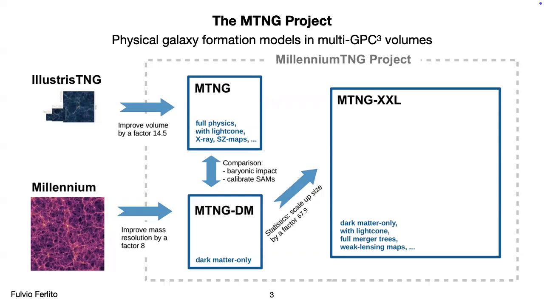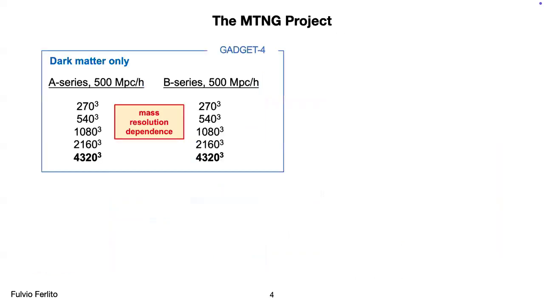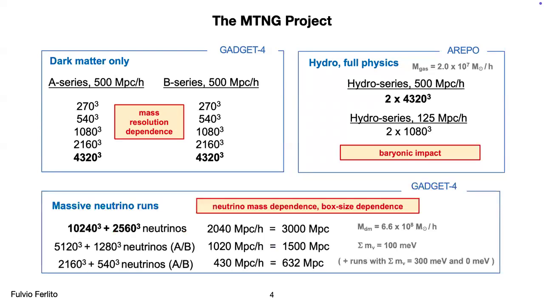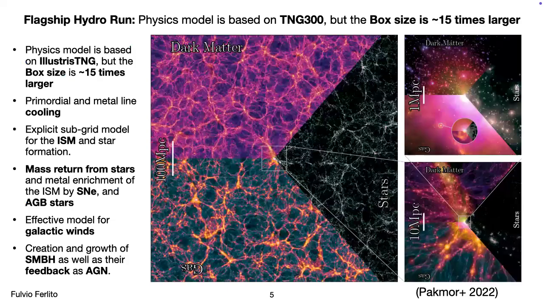This project consists of a series of runs, some dark matter only, which are fixed and paired initial conditions. Then there is the hydrodynamic flagship run with a box size of 500 megaparsec over h, and also some massive runs with massive neutrinos, which reach a very big box size. I basically used all of them.